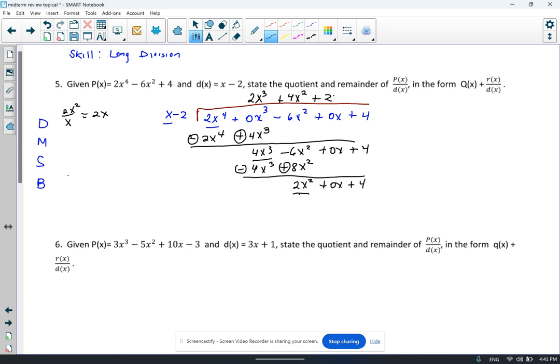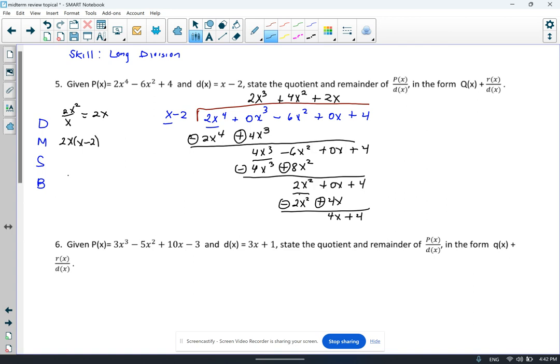Again, line it up over the proper term above the dividend. And now 2x times x minus 2 is 2x squared minus 4x. You change the signs and you bring down.